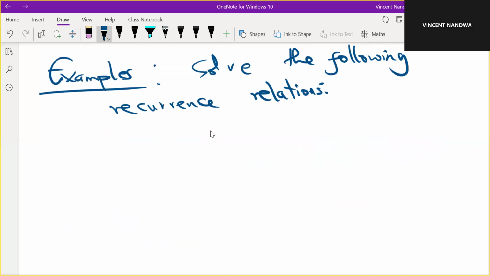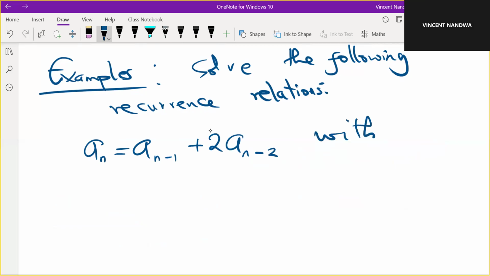So the first one is given by an equals an minus 1 plus 2 an minus 2, with initial conditions a naught equals 2 and a1 equals 7. So this is A.